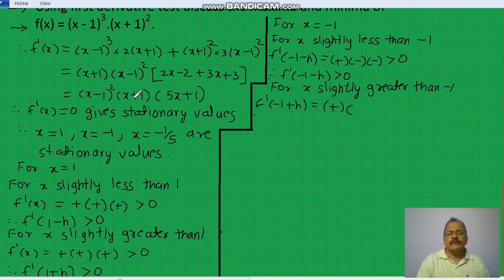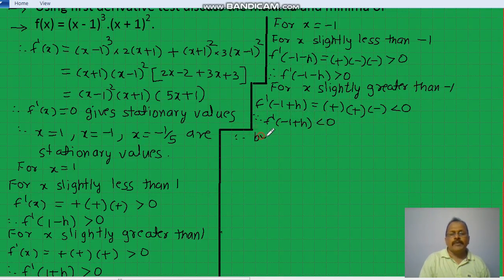Second number greater than minus 1, so greater than minus 1 plus 1 gives you a positive number, and third number, this is a negative multiplied by 5 plus 1 gives you a negative number, and therefore f dash (minus 1 plus h) is negative.